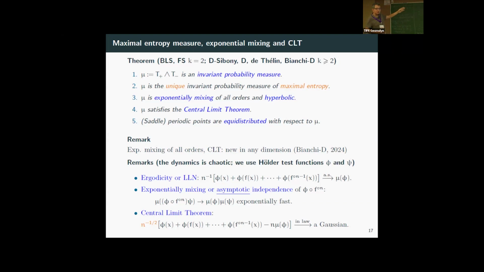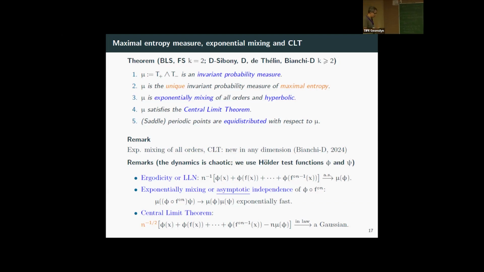It is similar to taking the intersection of subvarieties of good dimension in good position. In this case you have an invariant probability measure, and it turns out to be the unique invariant probability measure of maximal entropy. It is exponentially mixing of all orders, is hyperbolic, and satisfies the central limit theorem. And certain periodic points are equidistributed with respect to mu.